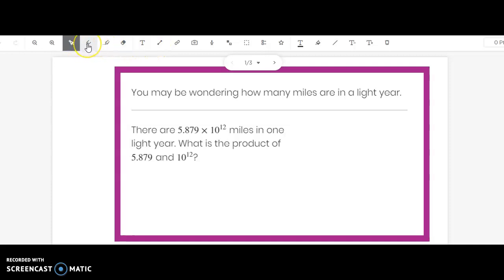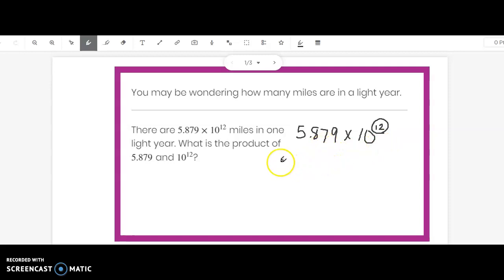All right, I am going to write this out. I like to write it just to keep myself straight. So, 5.879 times 10 to the 12th power. Now, yesterday we talked about what 10 to the 12th power would look like, and it would look like a 1 with 12 zeros.